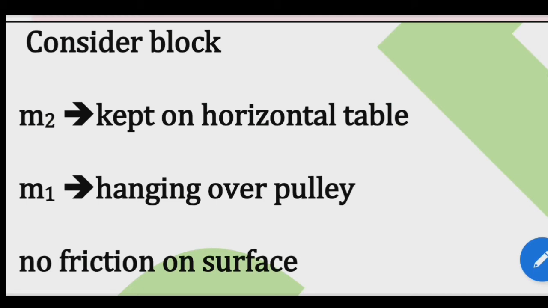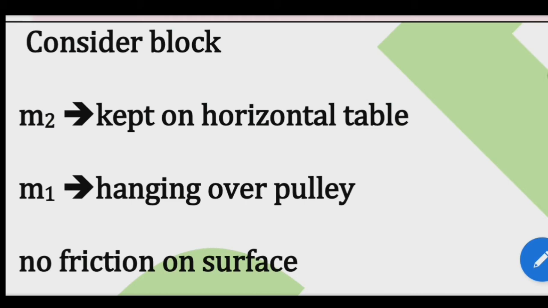Now the forces acting on mass M2, kept on a horizontal table, are: first, the downward gravitational force M2g; second, the upward normal force N exerted by the surface; third, the horizontal tension T exerted by the string.